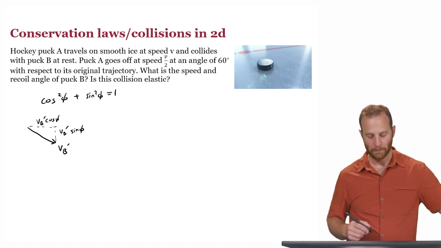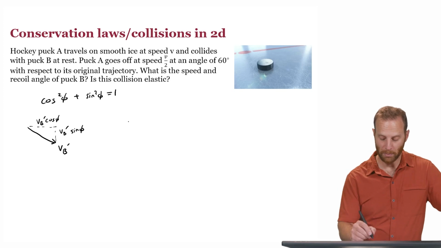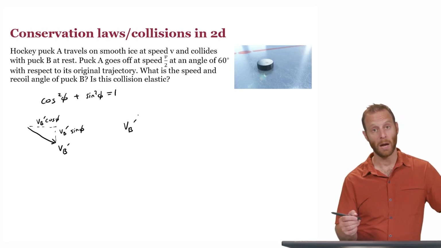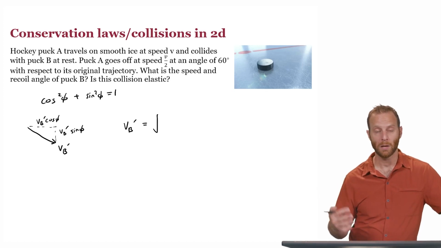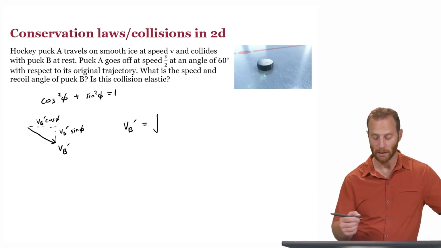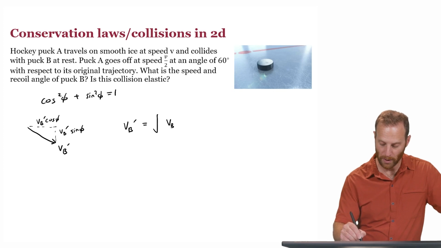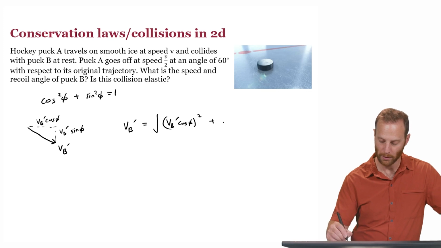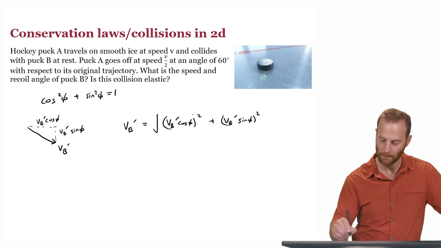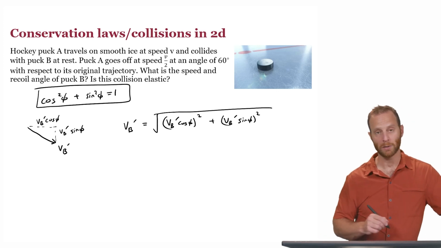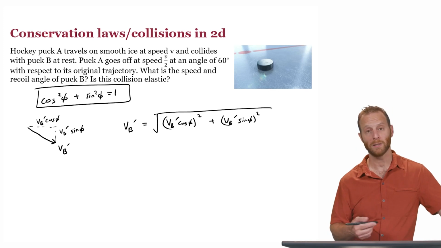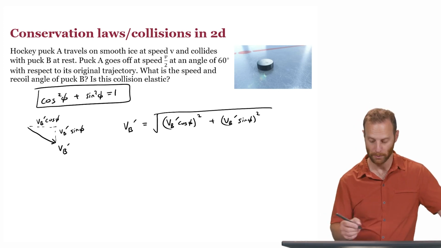So to get the magnitude of vb prime, we just take the square root of the sum of the squares of its side lengths. In other words, this would be vb prime cosine of phi squared plus vb prime sine phi squared. And the fact that the sum of cosine squared and sine squared is equal to 1 is one quick way to see how this absolutely must be true.